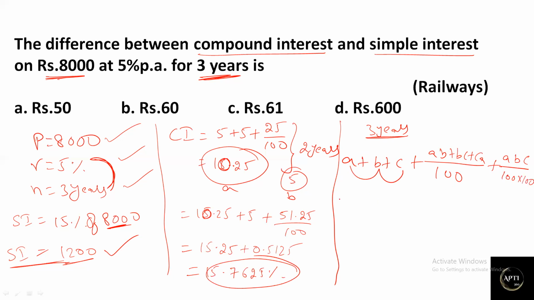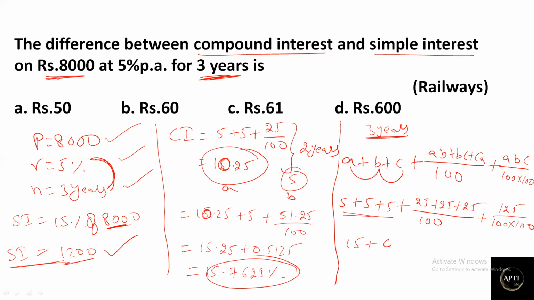That's it. If you substitute, the values will not change: 5 plus 5 plus 5. AB is 25, BC is 25, and CA is 25, divided by 100, plus ABC, 5 into 5 into 5, 5 cube is 125, divided by 100 into 100. Now what is 5 plus 5 plus 5? 15, plus 75 by 100.